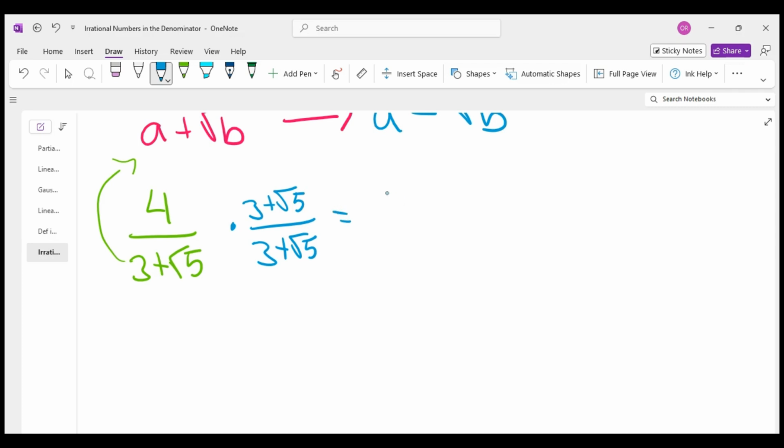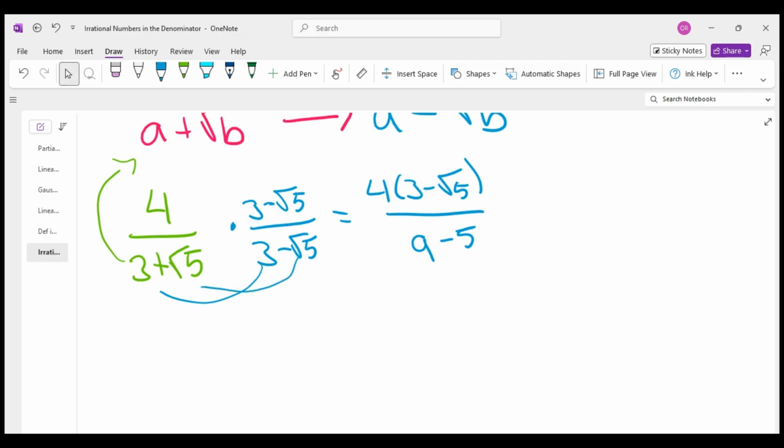Oh, I'm so sorry, this was supposed to be minus, because it is the conjugate pair. And then on the numerator, we just have 4 times 3 minus the square root of 5. And the denominator is 9 minus 5, because when you multiply these, it's 9, and then this will cancel out that, right?